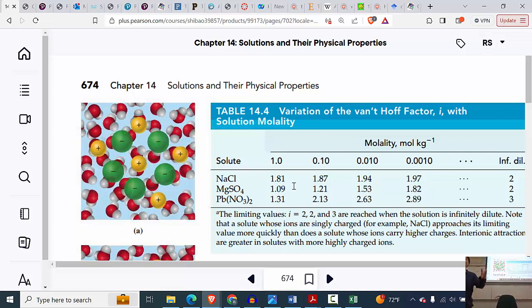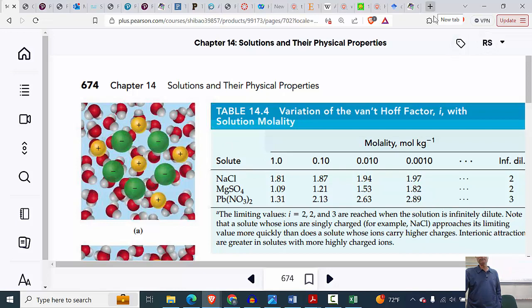Instead, we're going to try to limit our calculations between 0 and 14, where it seems to work okay. If we go beyond 14 and below 0, then we probably shouldn't be using these equations. We should be using the exact same equations except with activities instead of the ideal concentration.